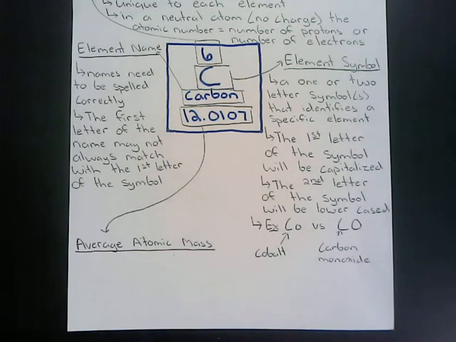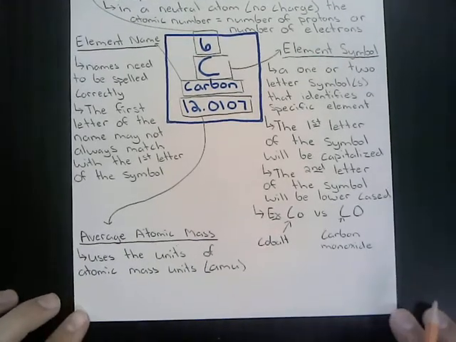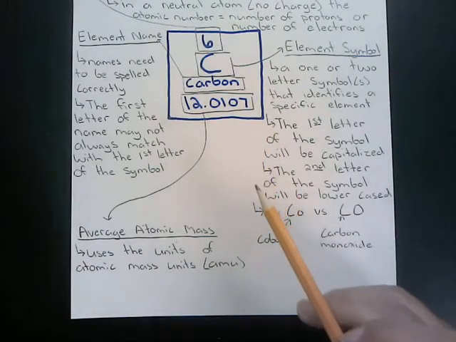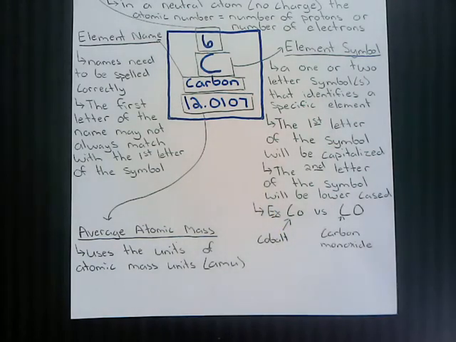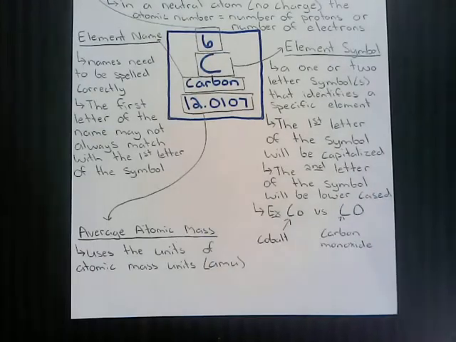The average atomic mass is expressed in the unit of AMUs, abbreviated for atomic mass unit. The other thing to note is that there is a decimal for almost all elements because there are isotopes, and this number is an average of all the isotopes of that particular element.